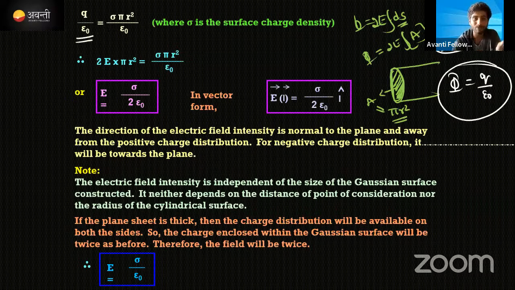I already told you that this is the charge inside the surface we are considering. We need to explain this in terms of surface charge density. In the last derivation we explained that with linear charge density. Here we have to explain this as a surface charge density. Surface charge density sigma is equal to q divided by epsilon naught.